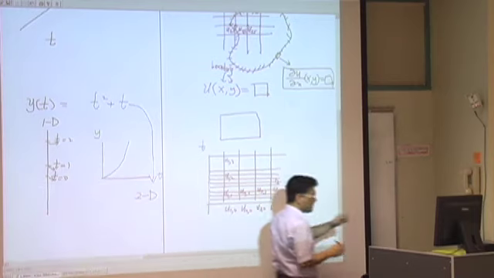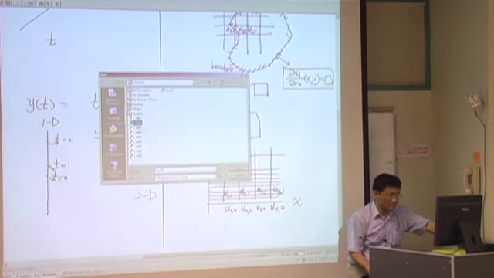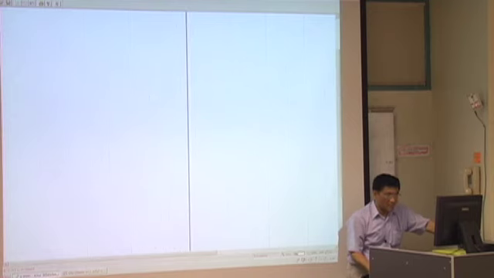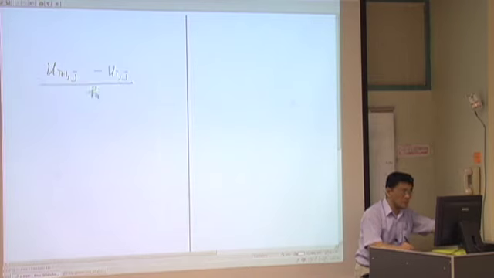So a very rough estimate is this. Usually when we do something, then we represent U_{i+1,j} minus U_{i,j} over h, and then I will use a specific case instead of the general case.